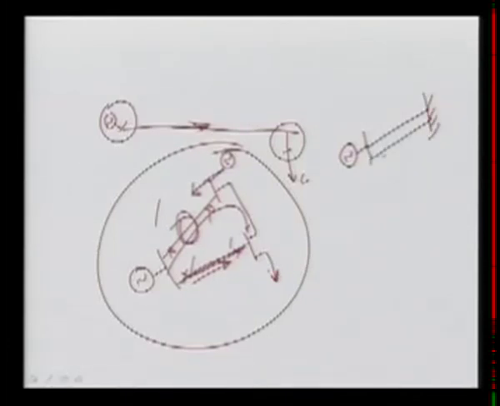If there is a fault in the transmission line, what will happen? This machine will accelerate and decelerate, so there will be some oscillations in the rotor angle delta and also the speed. So this machine will keep on oscillating and then settle at a certain value. These oscillations can be damped out quickly with the help of the power system FACTS controllers.